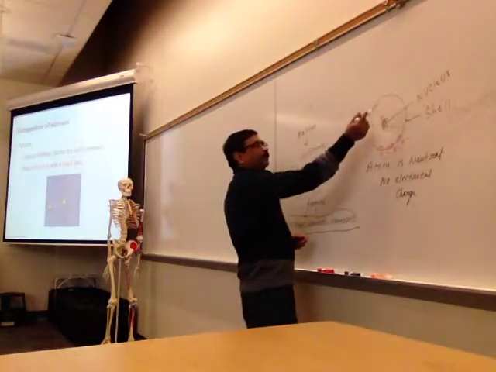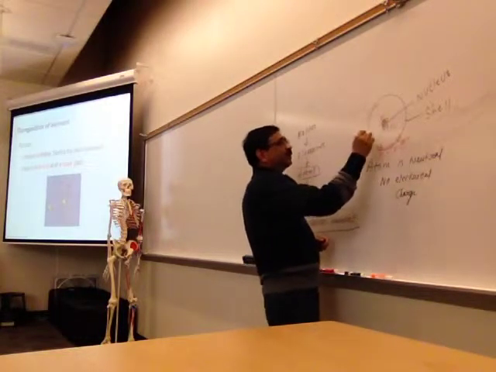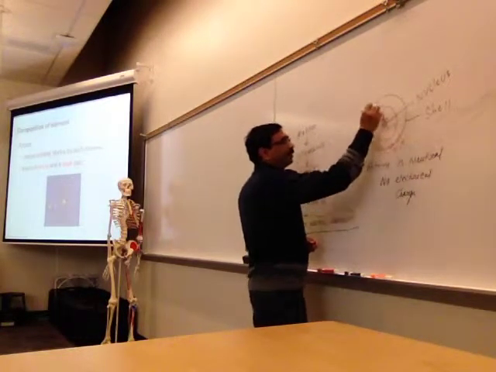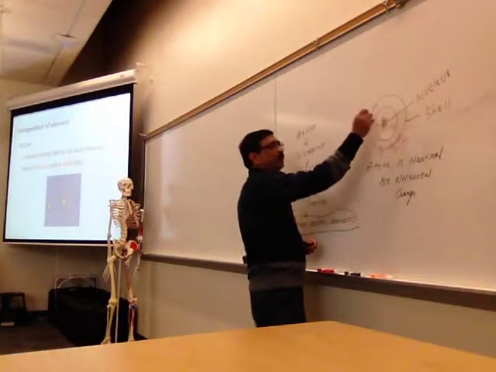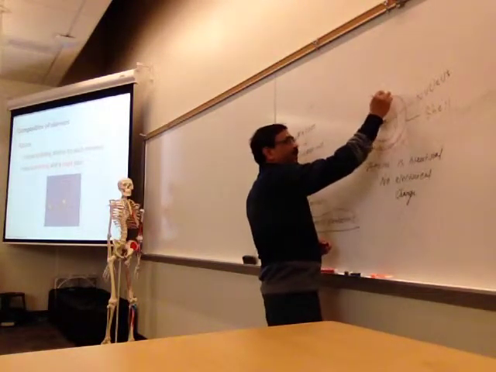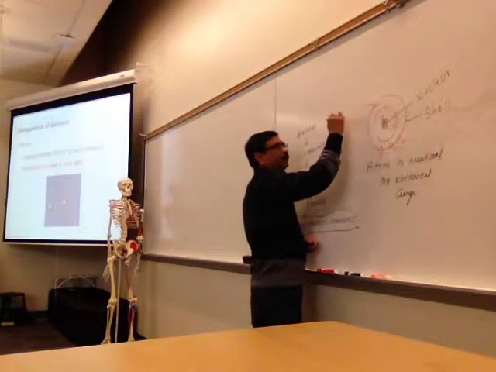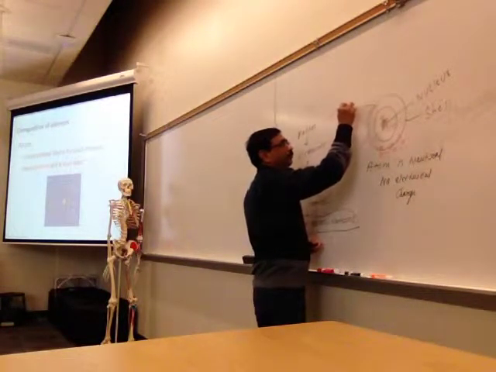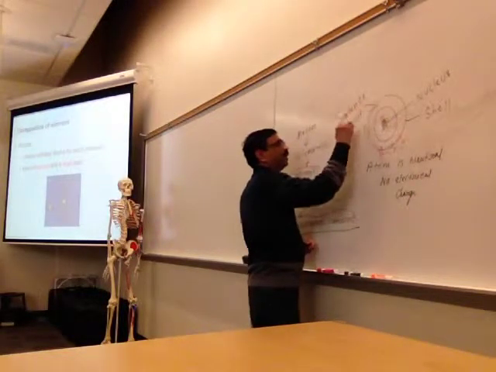Now, in most atoms, you will see more than 1 shell. So here you see this atom has 2 shells, 1 inner shell and 1 outer shell. The outer shell is called the valence shell.